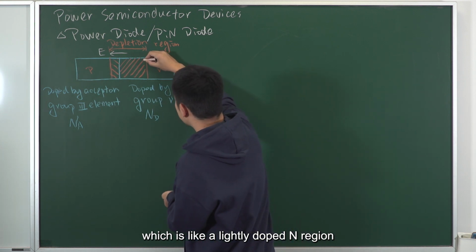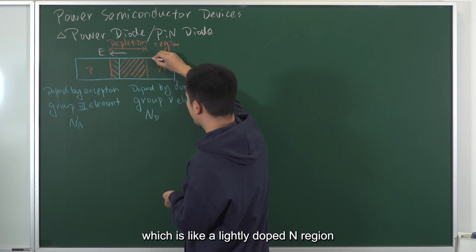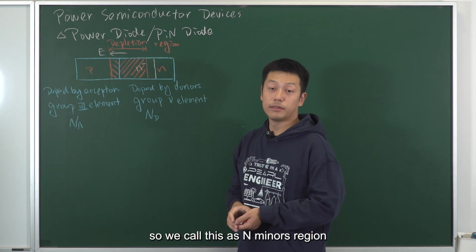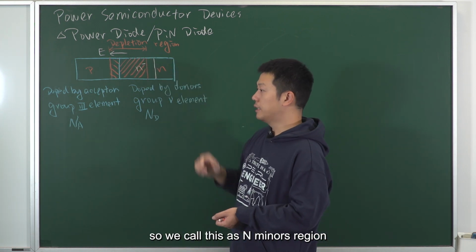a lightly doped N region. So we call this the N minus region.